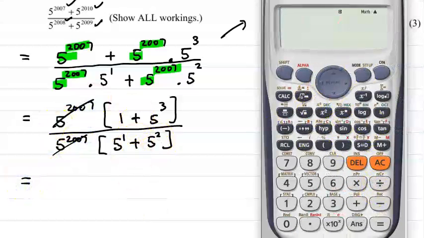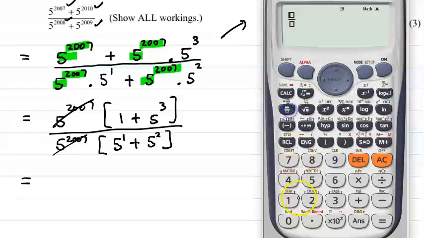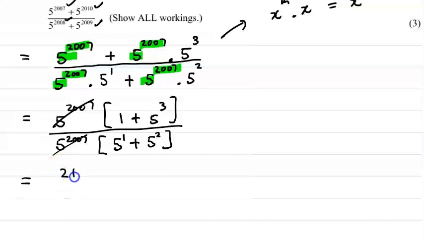So let's put that in our calculator and see what we get. So it'll be 1 plus 5 cubed all over 5 plus 5 squared. 5 to the 1 is 5, right? So it'll be 5 plus 5 squared, which equals 21 over 5.